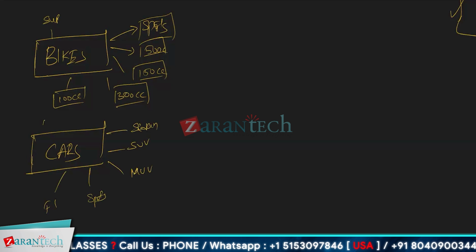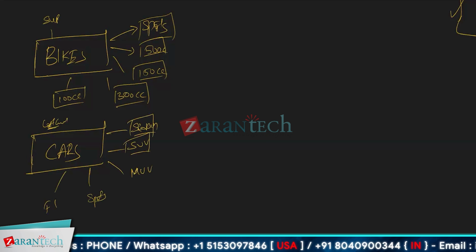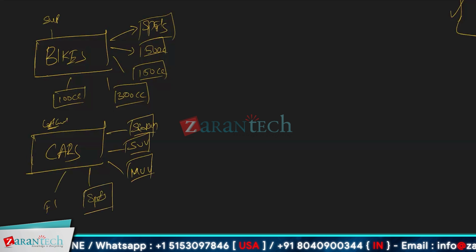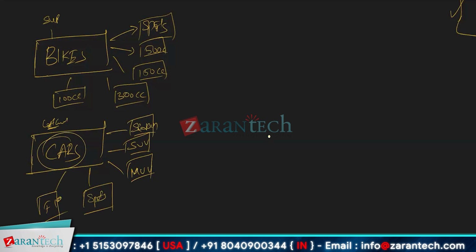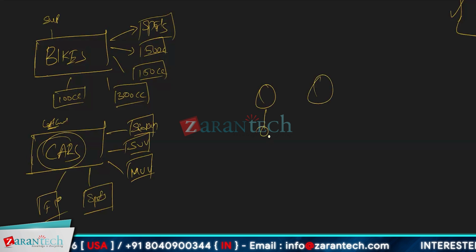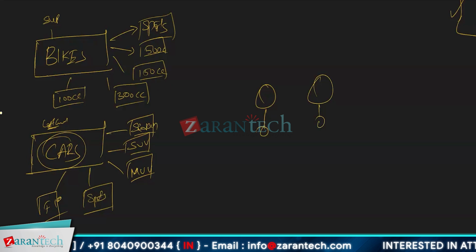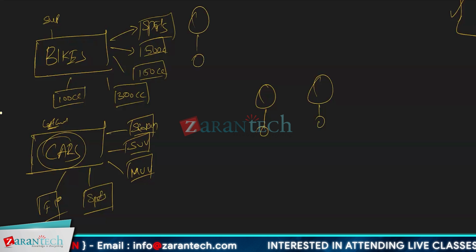Suppose this is a cost center, and these are all subtypes of cost center. So you're saying this particular car is of type F1, this one is of type sedan, this one is of type SUV, or this particular bike is of type 500 cc. You understand how I'm comparing? I'm comparing supervisory orgs to bikes, but if you understand how that relation works between the org type and the subtype, this is basically it.